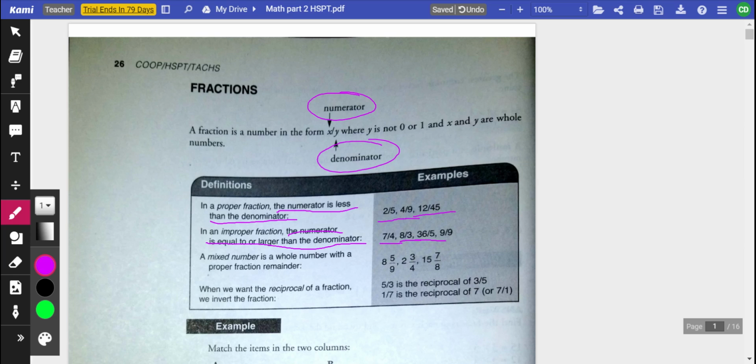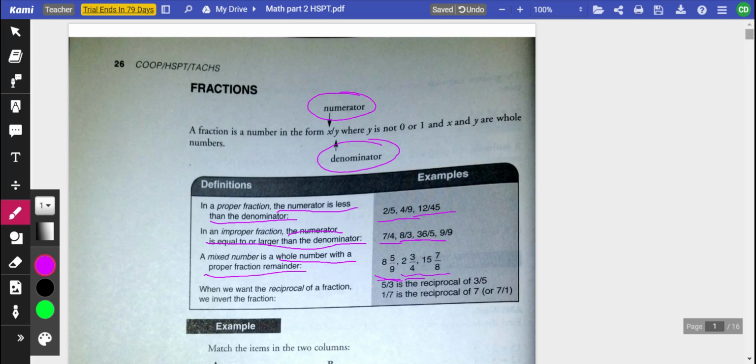Then the next example is a mixed number. A mixed number is a whole number with a proper fraction remainder. So it's a whole number, and then there is a leftover. So in this case, there's the 8 with the 5 over 9. There's 2 and 3/4, and there's 15 and 7/8.